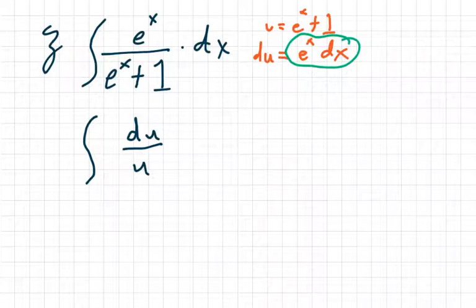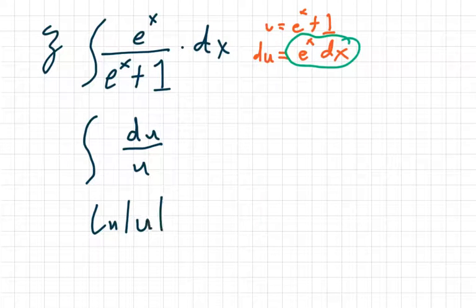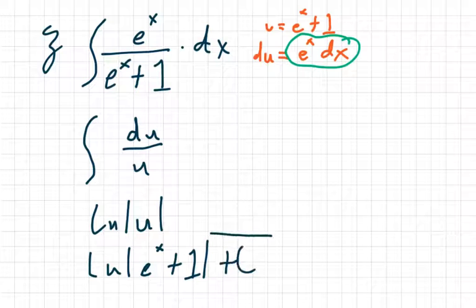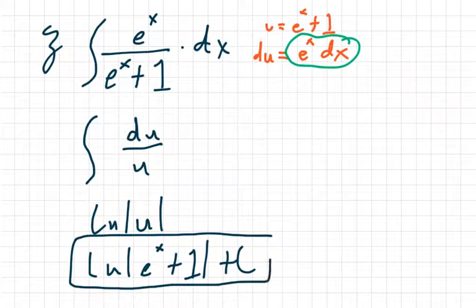So I can take the integral of that. So the integral of 1 over u is the ln absolute value of u. Put my u back in. That's the ln absolute value of e to the x plus 1 plus a constant. I can double check if I want by doing the derivative just to see. I'm pretty confident that that's what it is.